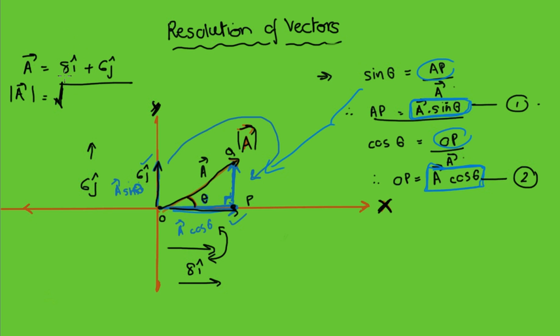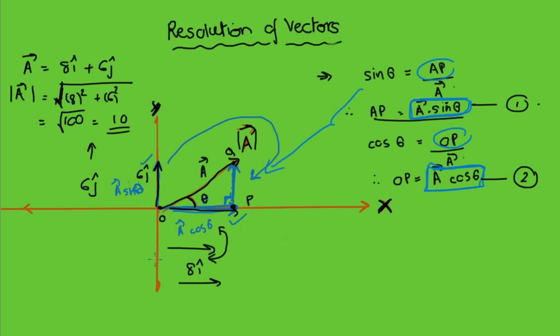So that will be root of 8 square plus 6 square, which equals root 100, which is 10. So we can see that the magnitude of this vector will be 10, and it may be 10 meters per second, or 10 newtons, so any vector can run along this direction and it will be 10 newtons when the components are 8i and 6j.